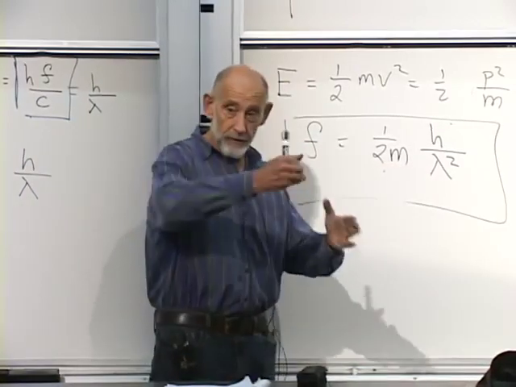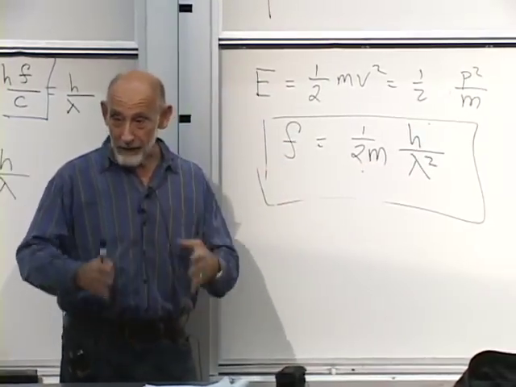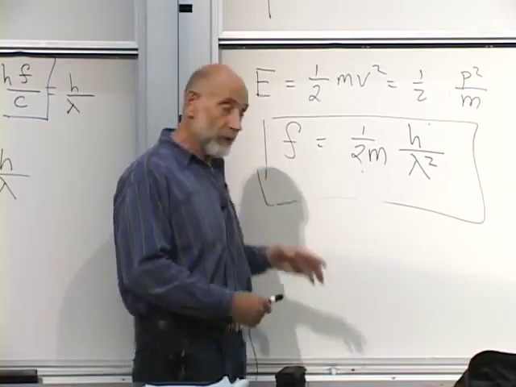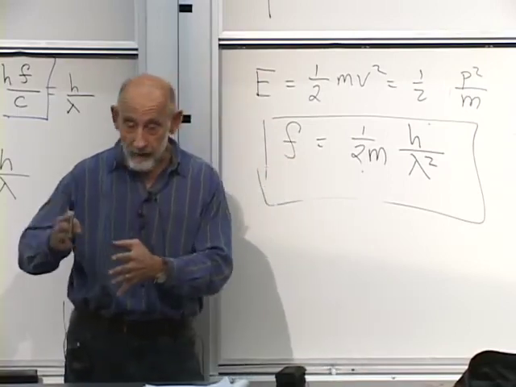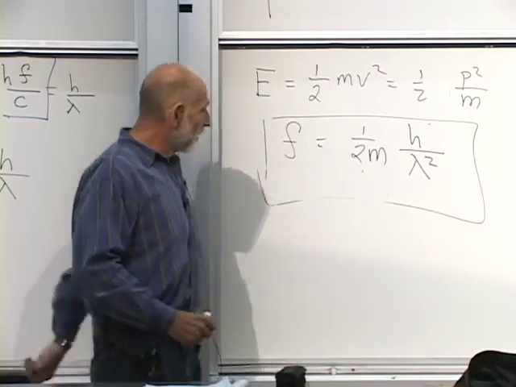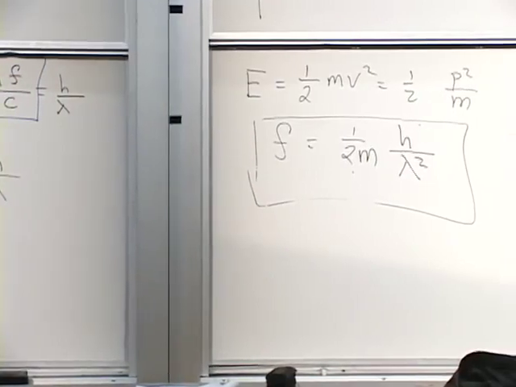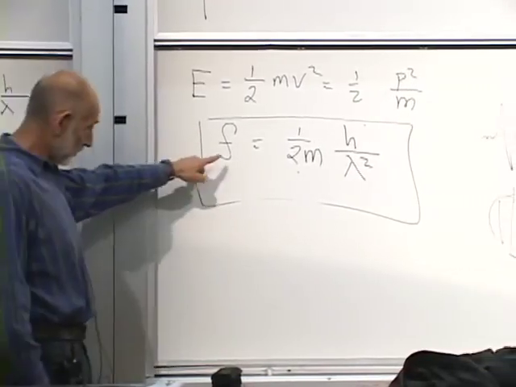This tells you the space dependence of the wave. The Schrodinger equation is exactly an equation for the relationship between the time dependence of a wave and the space dependence of the wave. We will come back to it. But this is just the Schrodinger equation in a slightly disguised form.